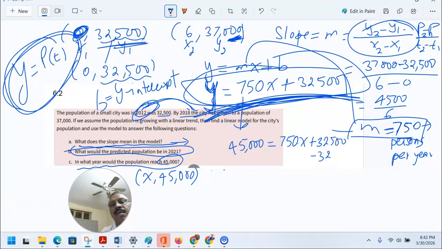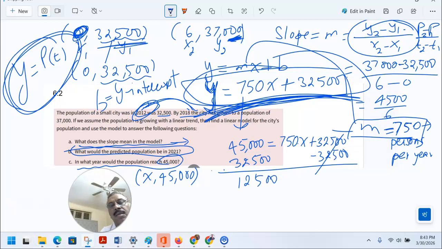So subtract 32,500 from both sides. Use your calculator if you get confused. This crosses out, and you get 12,500. And then divide both sides by 750.